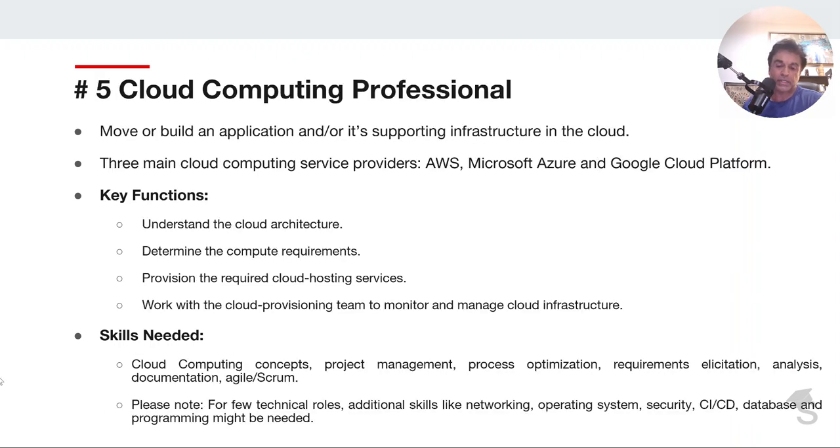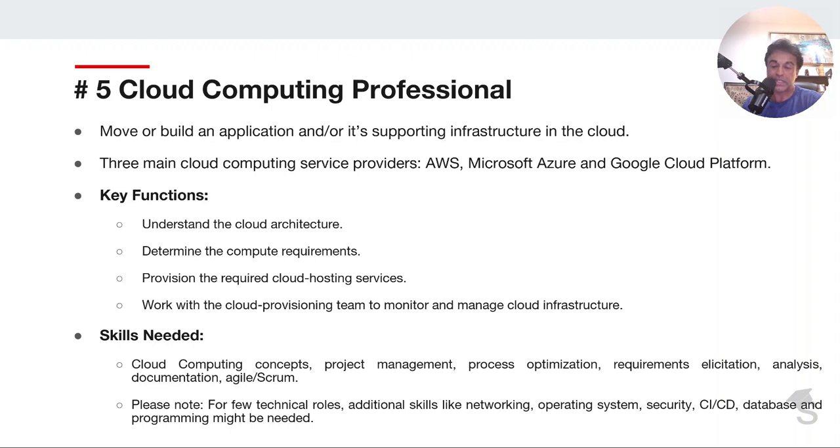Okay, number five is cloud computing professional. Now, as many companies are moving their applications and supporting hardware infrastructure from on premise to the cloud, meaning outsourcing it to third party service providers like AWS, Microsoft, Google, or any other providers, there are plenty of roles in the cloud computing space that have opened up for non technical people.